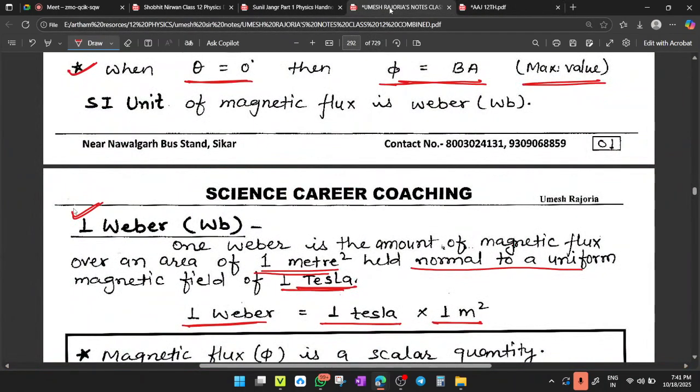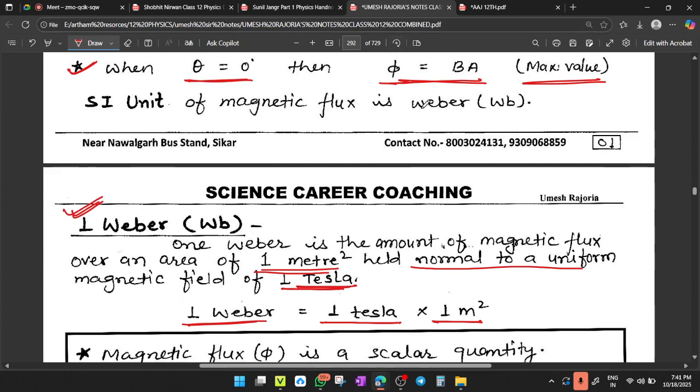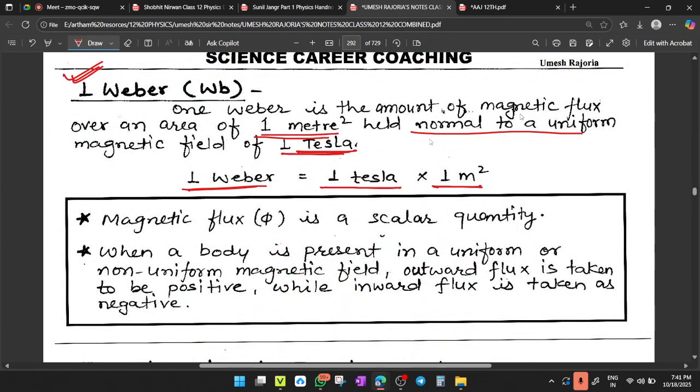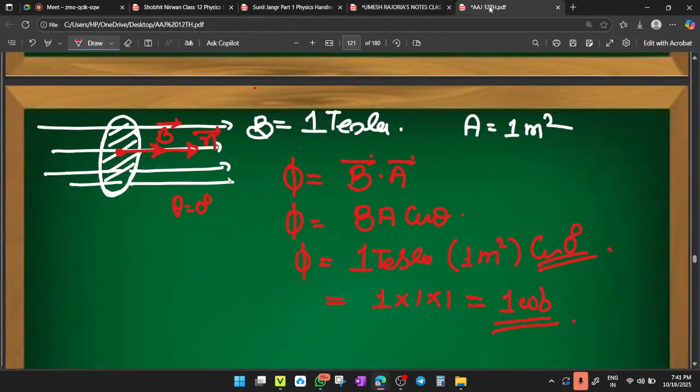A question may be asked: define 1 Weber. So 1 Weber is the amount of magnetic flux over an area of 1 meter square held normal to a uniform magnetic field of 1 Tesla. So 1 Weber equals 1 Tesla into 1 meter square. Magnetic flux is a scalar quantity. These are the number of lines, and a number is a scalar quantity.